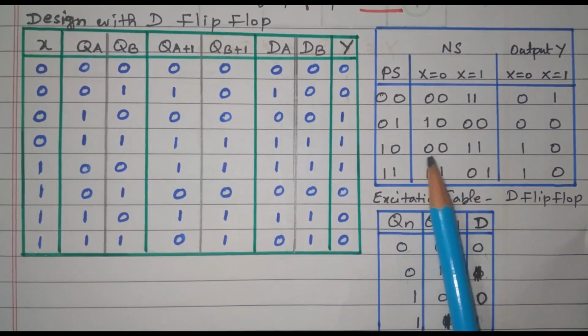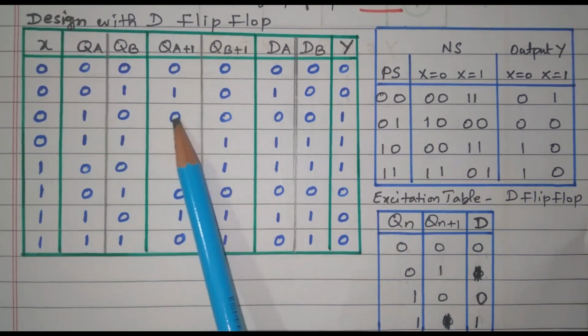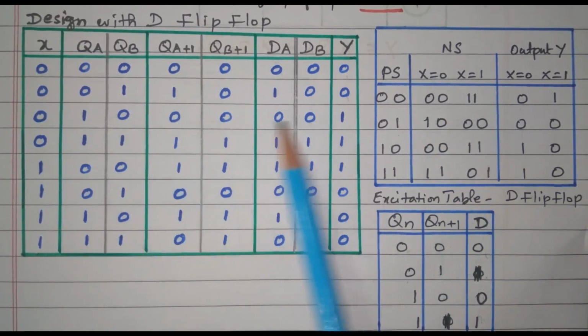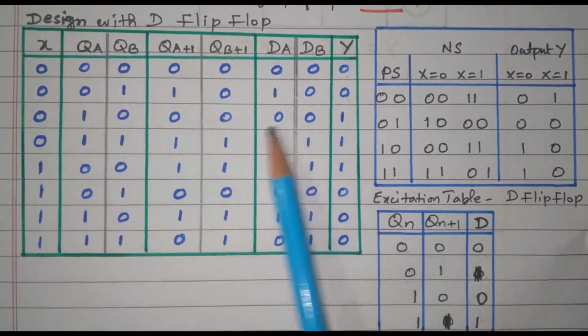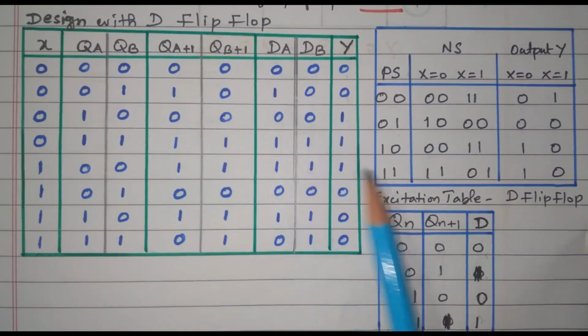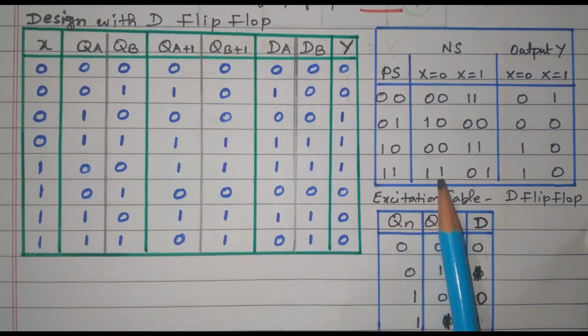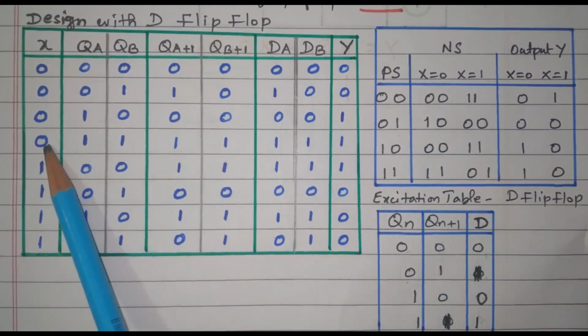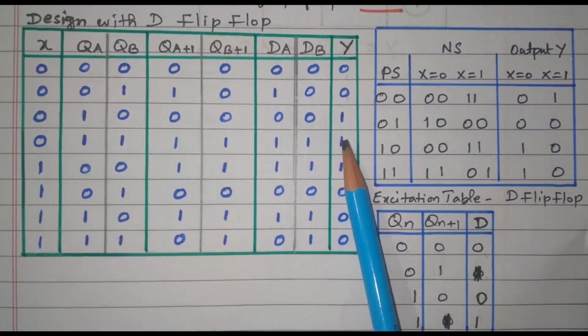Then 1 0 to 0 0, the input is 0, output is 1. What is the D value? The D value is nothing but the next state, 0 0. Then 1 1 to 1 1, input is 0, output is 1, right?